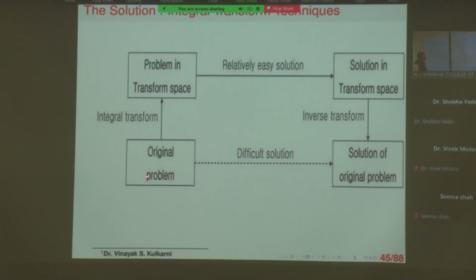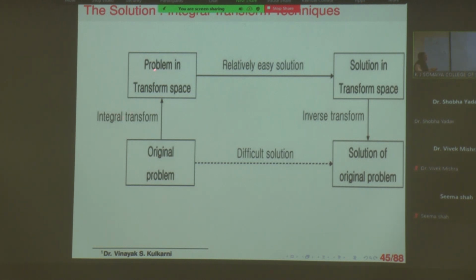This is the original problem. If I apply an integral transform on this original problem, then the problem is shifted to the transform space. Whatever space it is, according to what type of integral transform you are considering, accordingly this problem will be shifted to that particular space.